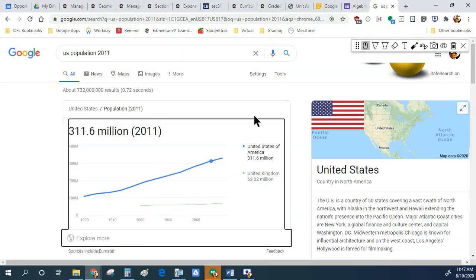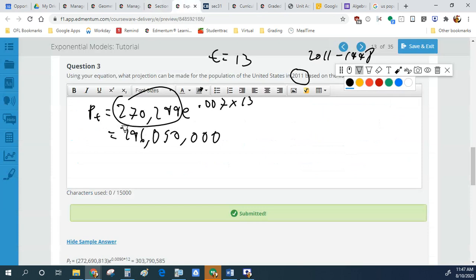And that makes sense because this was 9 years ago. So if we look at our population graph, this went up by like 20,000, right? And if we do another like 13 years, that should also be another 20,000. So yeah, that makes sense.